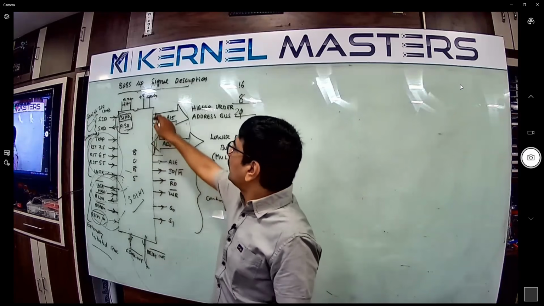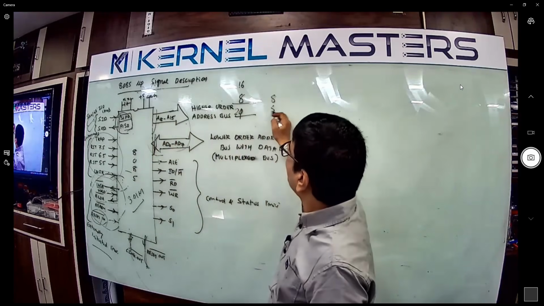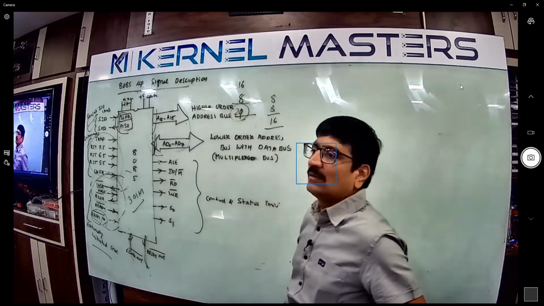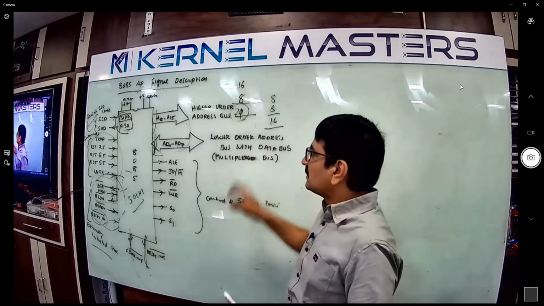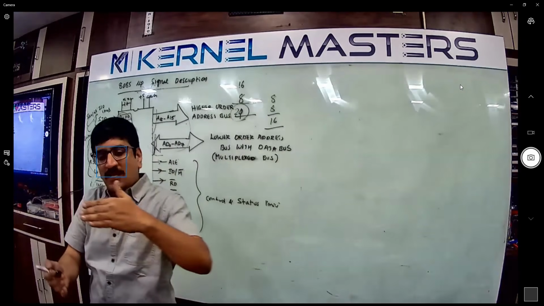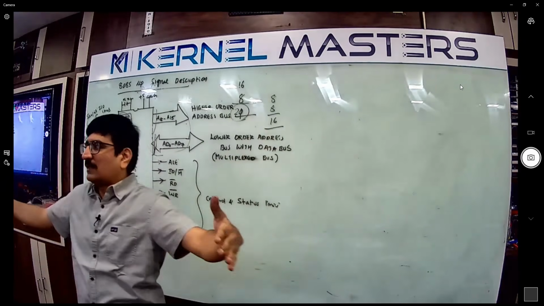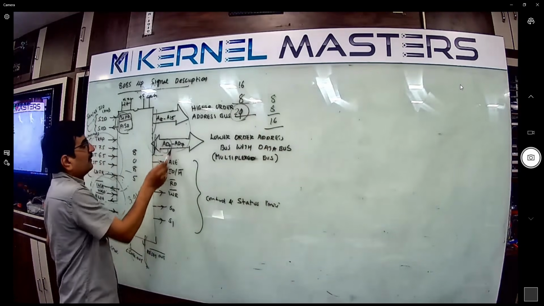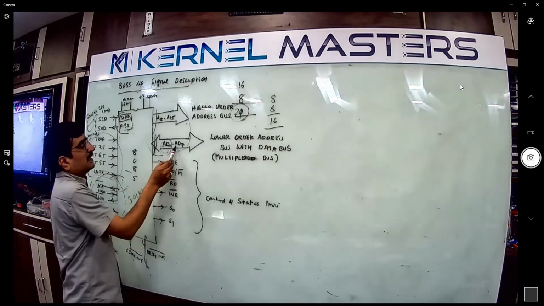So 8 plus 8, how many are there? 16. Otherwise, how many pins? 24. So the meaning of multiplexed bus: two different functionalities combined together. Address bus separate, data bus separate, but combined together. See AD: address and data.